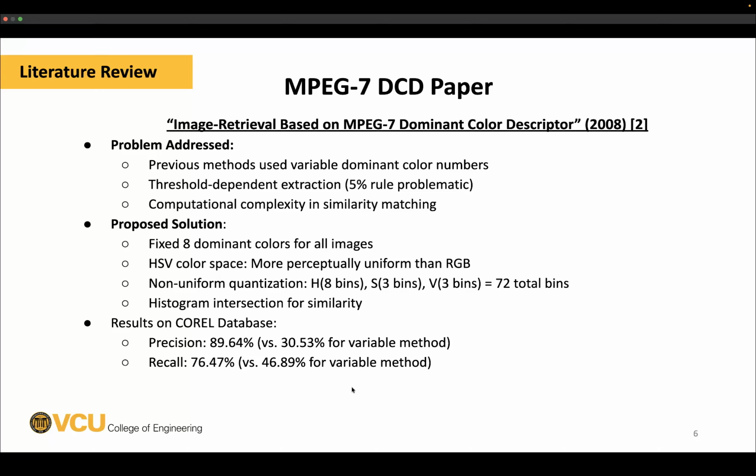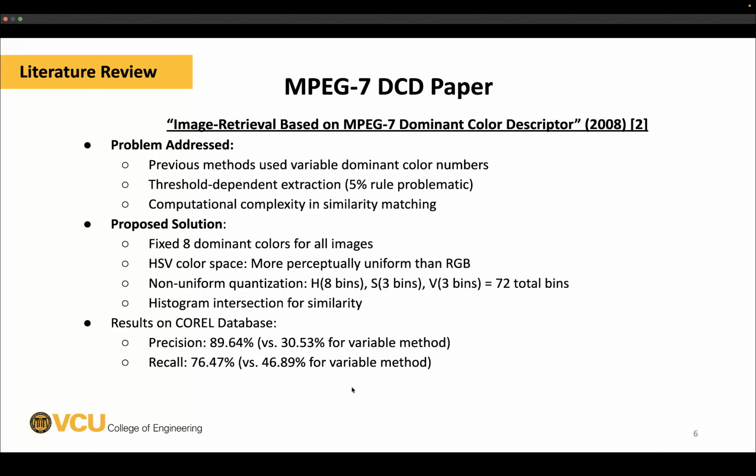So by fixing the descriptor at 8 dominant colors and employing the HSV color space, they achieved a significant performance improvement, where the precision increased from 30 to almost 90%, while recall improved from 46 to 76%.